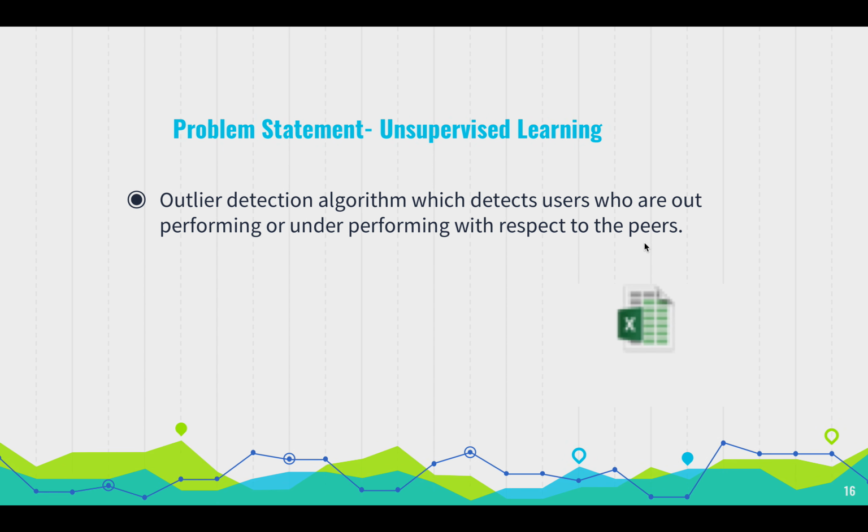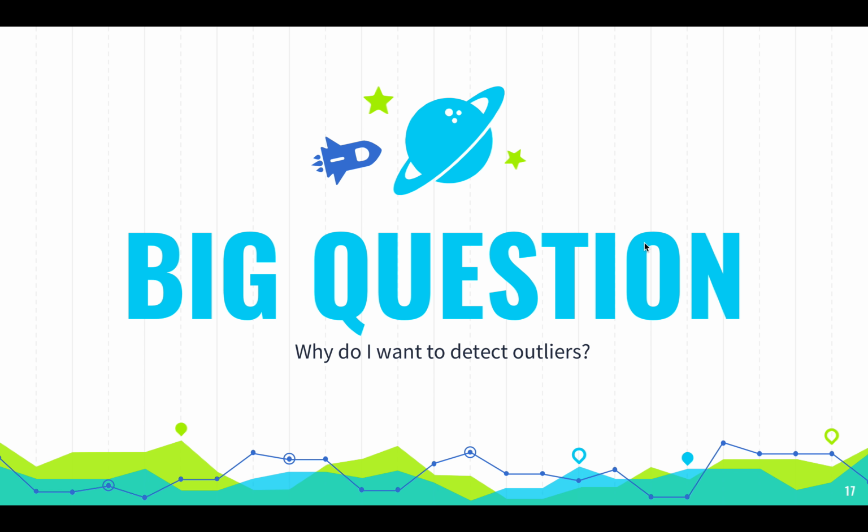The big question you should ask yourself at the time of outlier detection is, why do I want to detect the outlier? Do I want to do it just to clean up, or to infer something, or to find the outliers as such, like what we did in fraud detection?